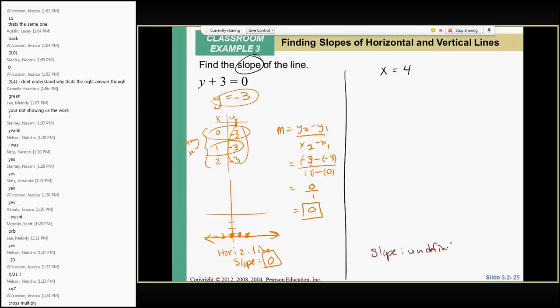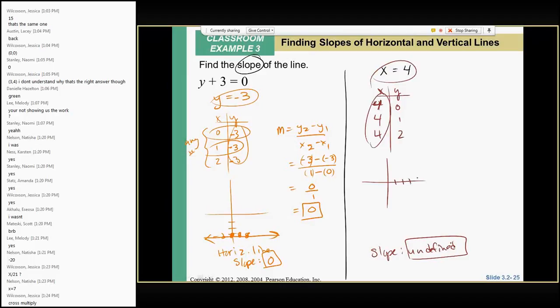But when you're stressed out on a test and you don't remember, go ahead and draw a picture. So your x has to be positive 4 every single time, and your y can be anything you want it to be. So when you graph it, you've got 4, 0, 4, 1, 4, 2. There's your vertical line. Okay, so I know the slope is undefined.